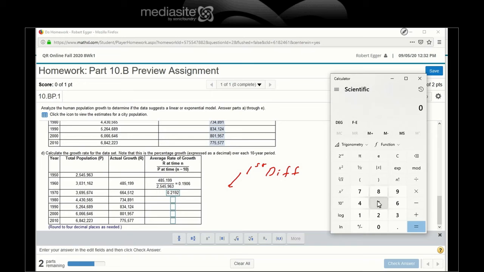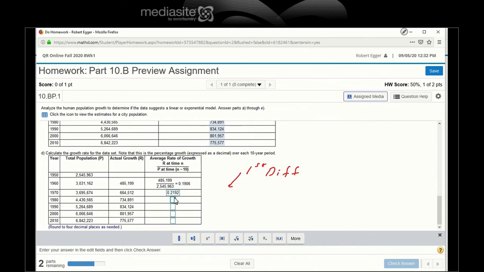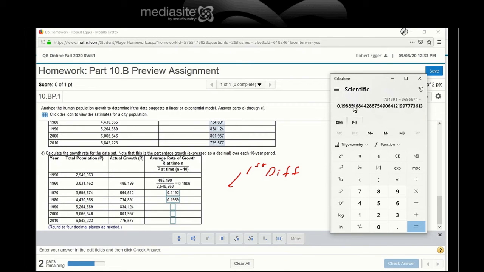So to find the 1980s population change from 1970, we'll take the difference divided by 1970. So 734,891 divided by 3,695,674, for, looks like, 0.1989. Yep, that works.